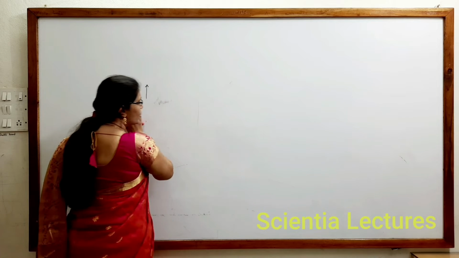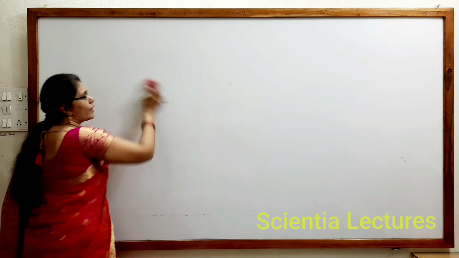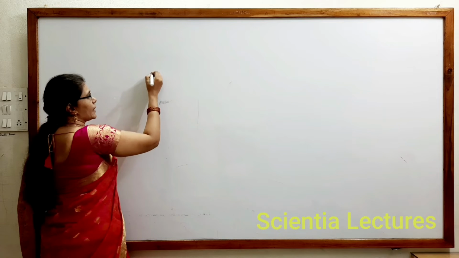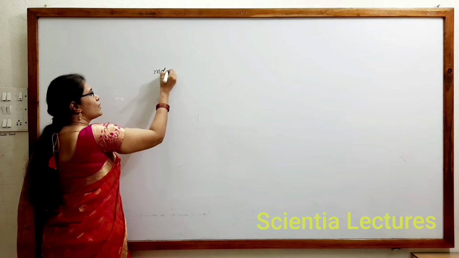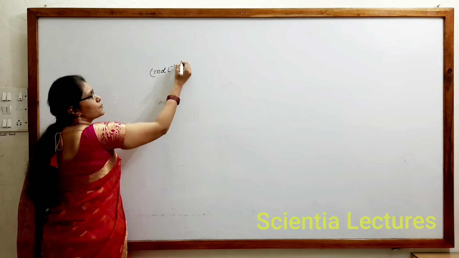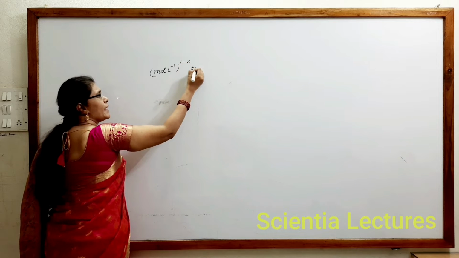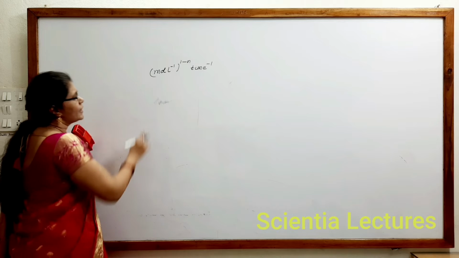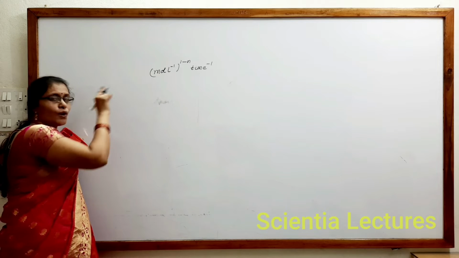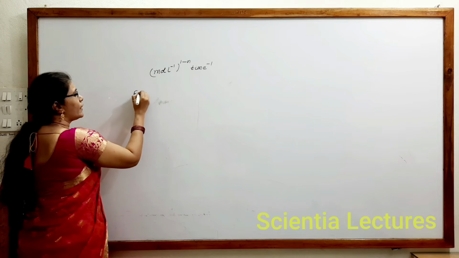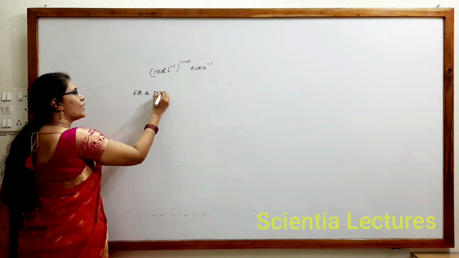Next, what is the unit of rate constant of a zero order reaction? We have seen that also in module 2, but anyway we will check that. The unit of rate constant for an nth order reaction is moles per liter to the power of 1 minus n per time. Here n indicates the order of the reaction. This is the unit of rate constant of an nth order reaction. Here for a zero order reaction, what is n equal to?